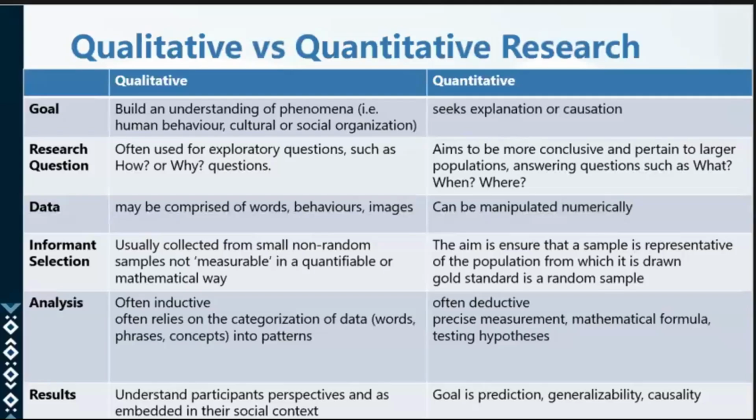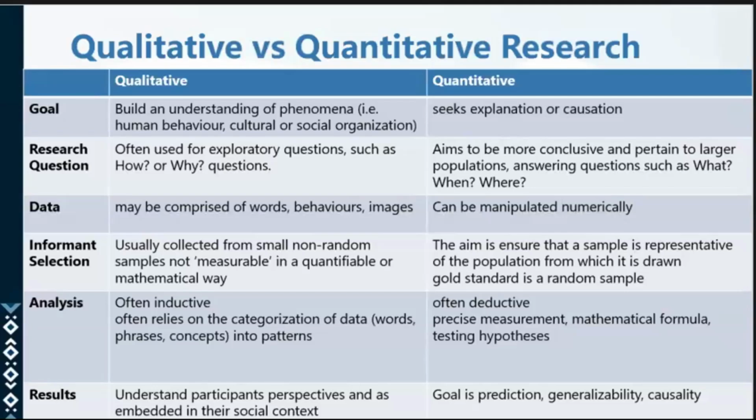About informant selection, with qualitative research, participants are mostly selected using sampling methods like progressive sampling and snowball sampling, and there are not always many of them. The participants are hardly random. Depending on your research question, you want to select participants that are going to give you a solid understanding or a solid explanation of what you want.